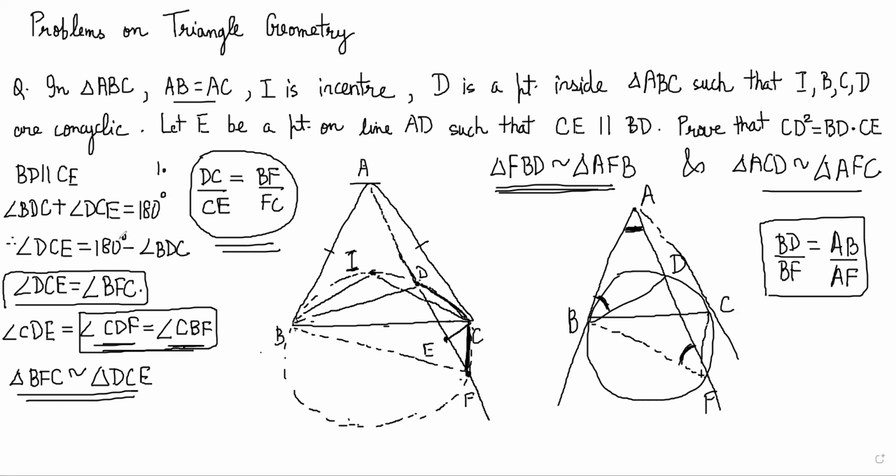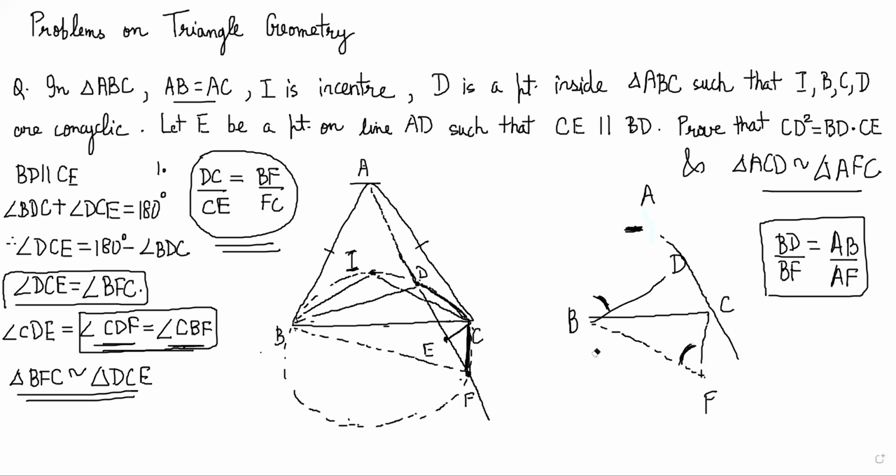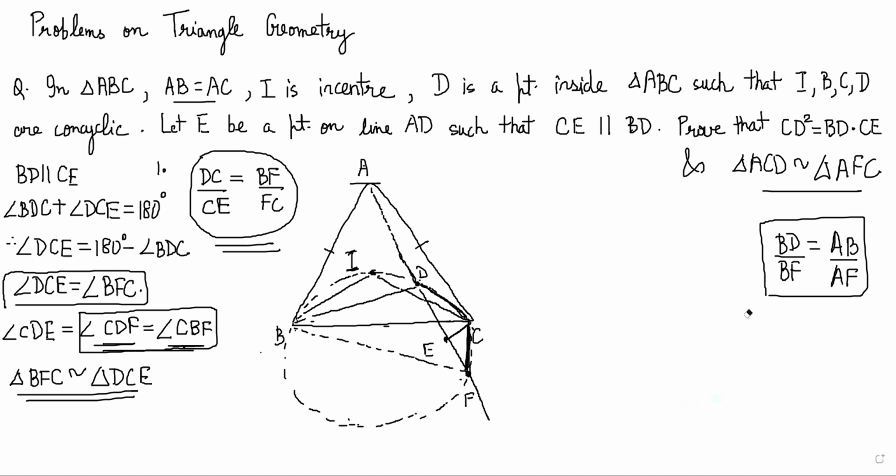Okay, I will just rethink this. I need to show BD by BF is equal to AB by AF, and I want to look at this triangle ABD and AFB. Okay, so I have a common angle here in ABD and AFB. That is true.